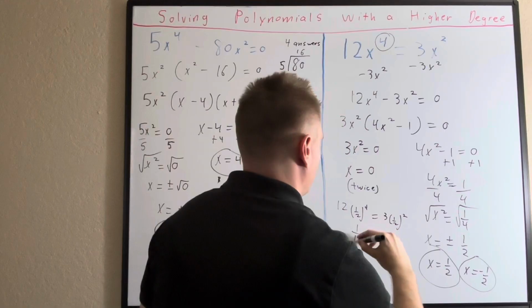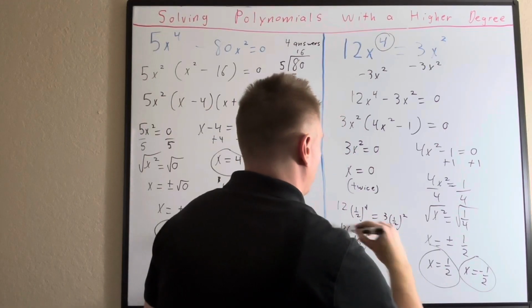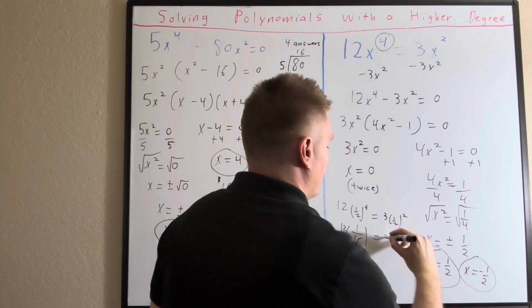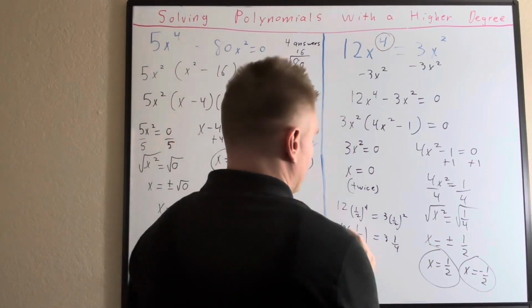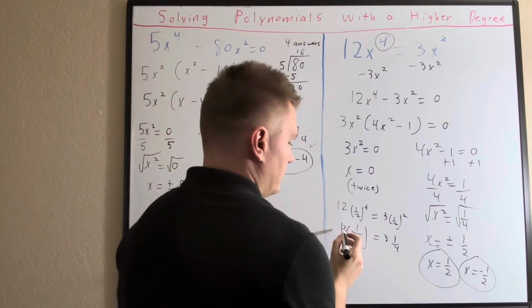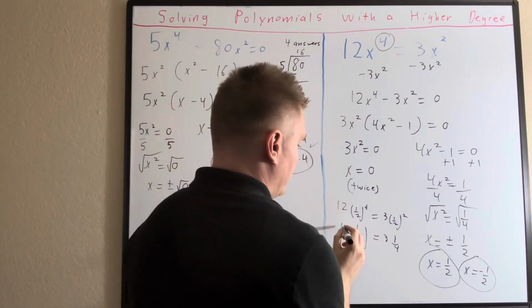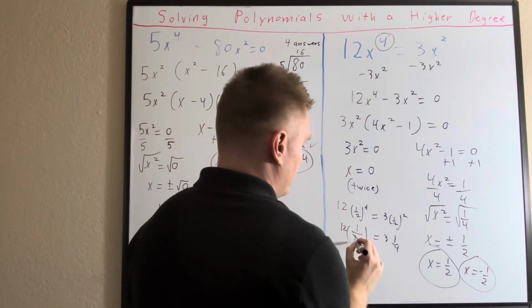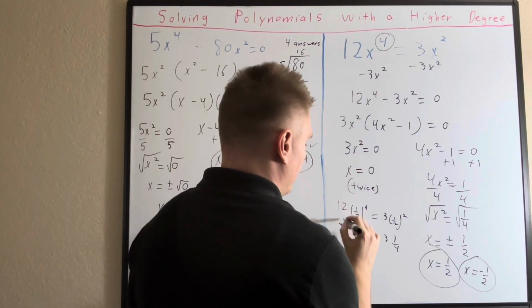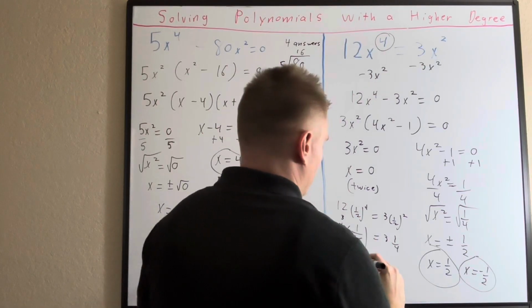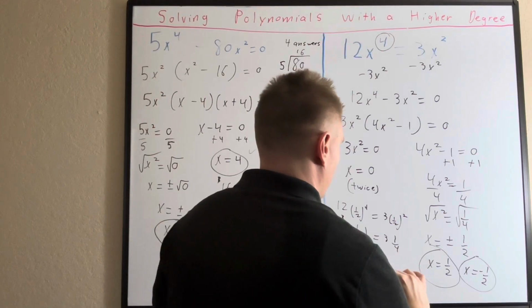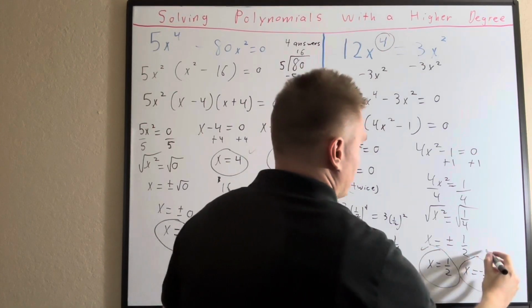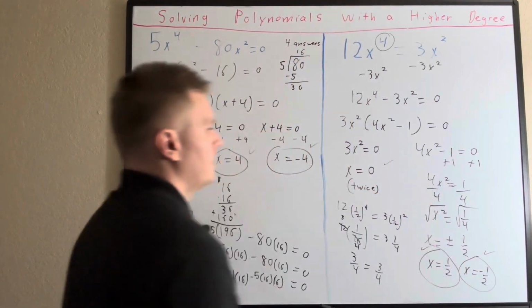So we got 1 over 16 times 12 equals 3 times 1 over 4. 12 divided by 16, we can reduce that, right? Divide by 4, we get 3 over 4. And guess what? 3 over 4 equals 3 over 4. So that checks. And check that one.